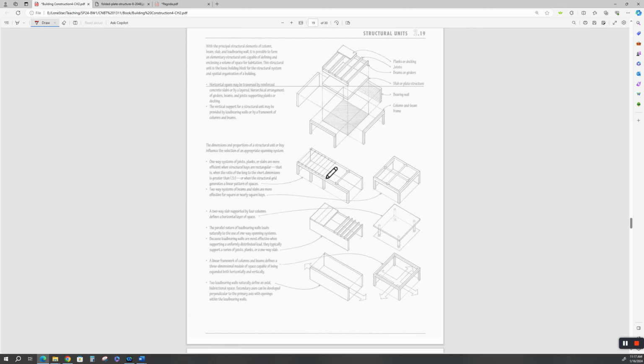If you try to make a two-way system using joist, you better be using a space frame or a concrete slab. You would get your joist spans to be the narrowest span between your load bearing for your joist, be it a load bearing wall or a beam and column system like this.